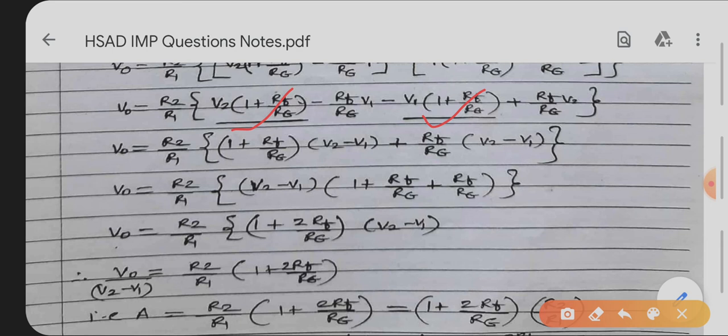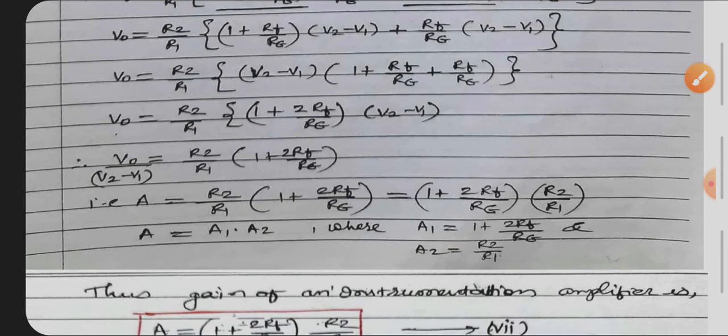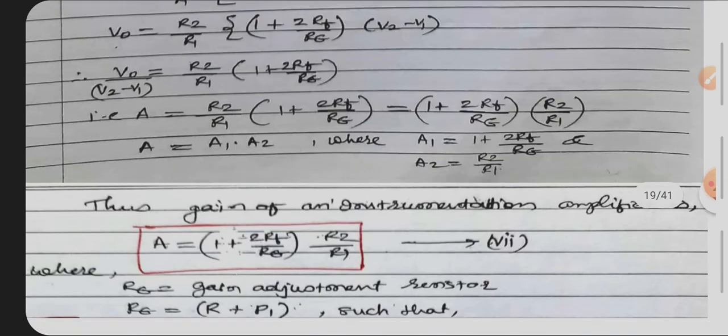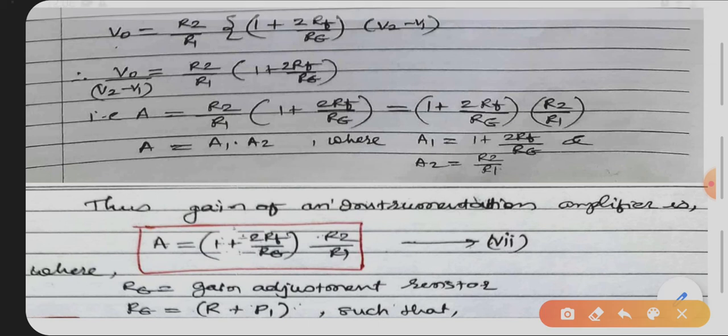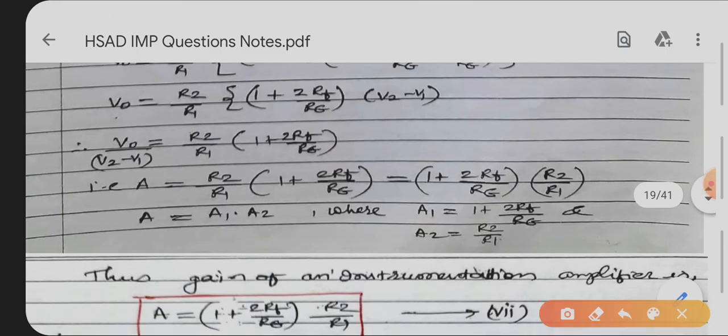So finally with the analysis you will get this equation: VO divided by V2 minus V1, output upon input.